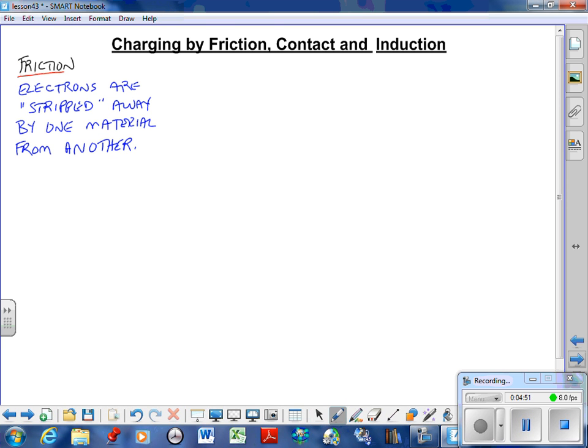So basically, as the two materials rub together, it doesn't matter in this case what the materials are. I'm just going to say that we are rubbing in this direction. If one has an excessive amount, or there's a difference between the two, then I'll put a couple here, and I'll just put 2 on this one.